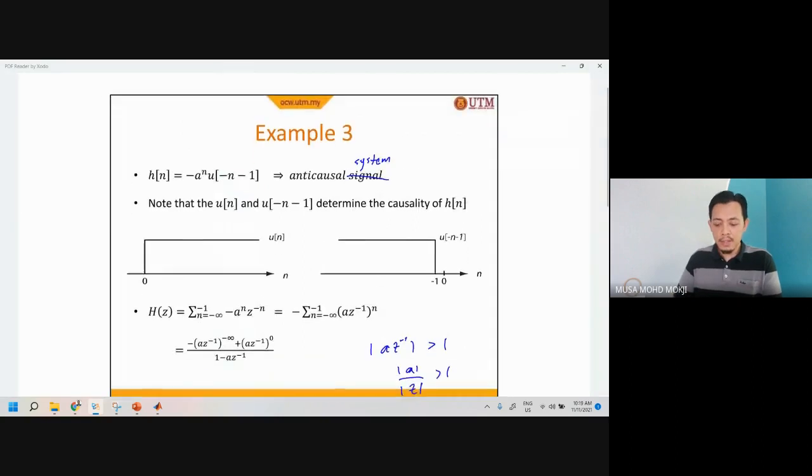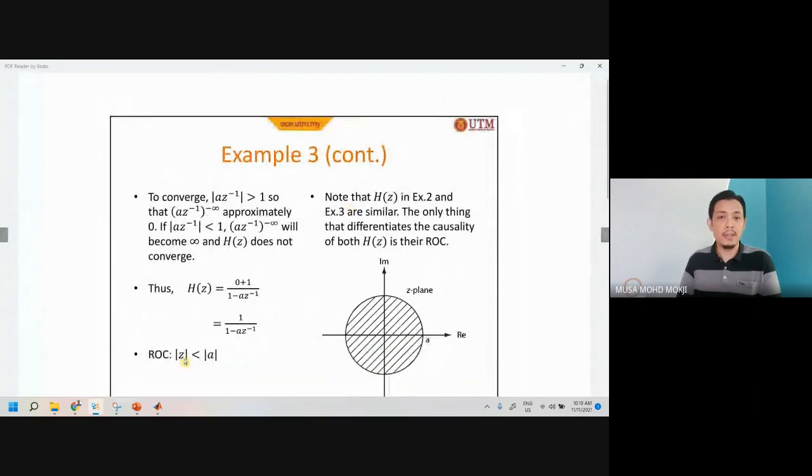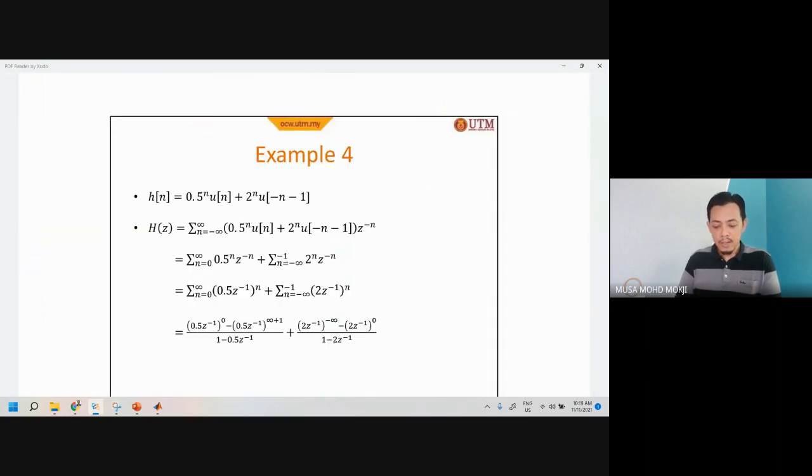And we have seen this example also, where you will get |z| less than. So this is showing that this is actually a non-causal system. Same thing here, we have two terms. One is 0.5 to the power of n u[n], the other one is 2 to the power of n, u[-n-1].